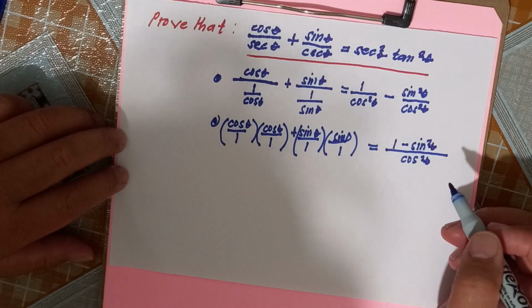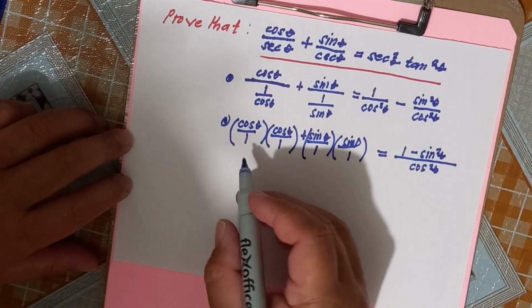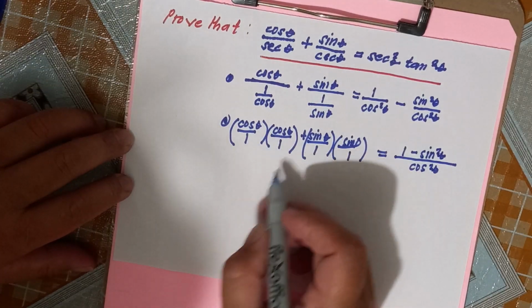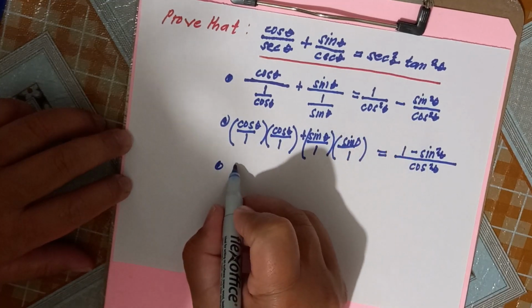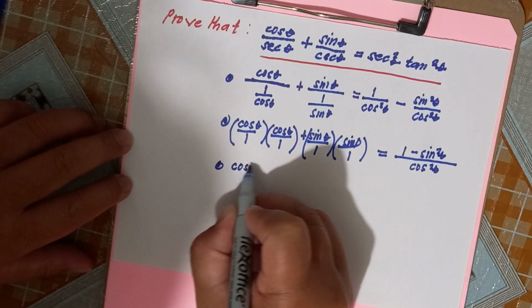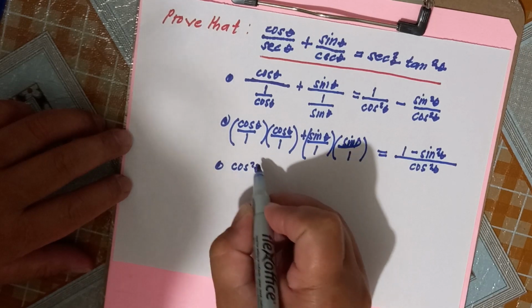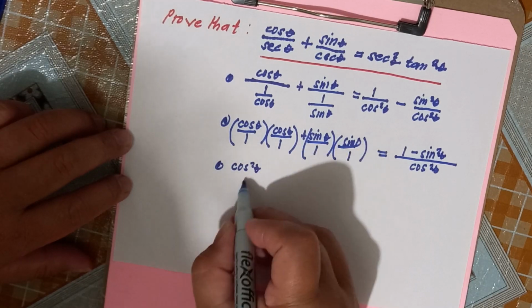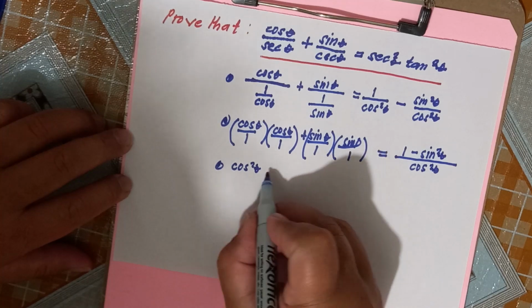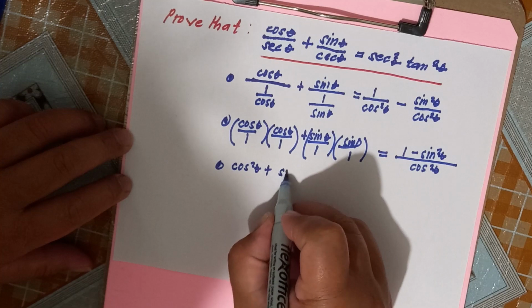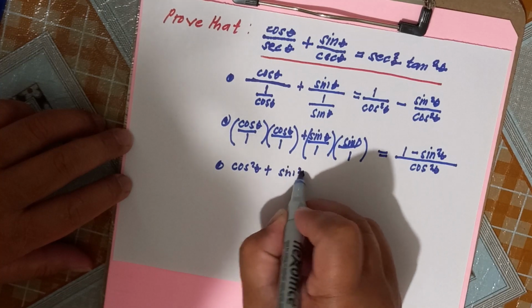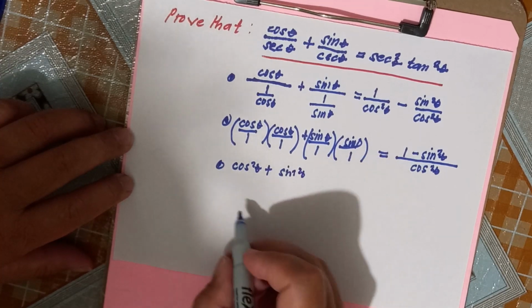Now notice that in here, we continue: cosine multiplied by cosine gives you cosine squared theta, 1 multiplied by 1 is 1, over 1. And then plus sine squared theta over 1.